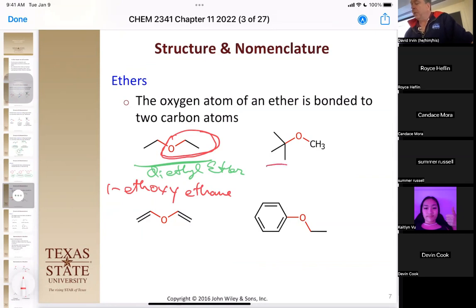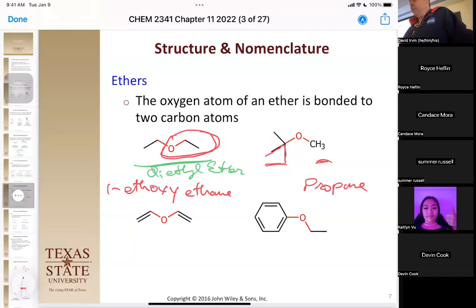So in this one here, which side would be the parent? Which is the longest chain? The methyl is only 1 carbon. This chain has 3 carbons in it. All right, so if our longest chain is 1, 2, 3, this is going to be propane.